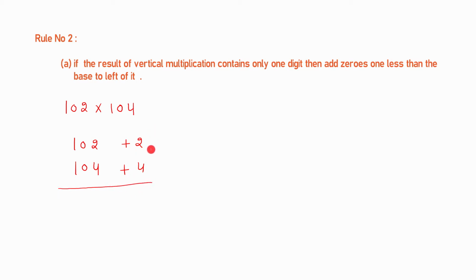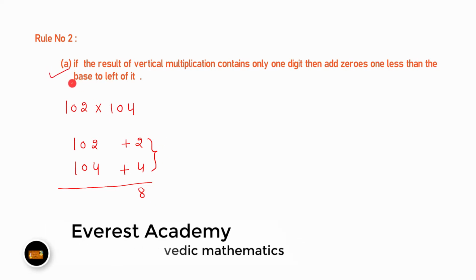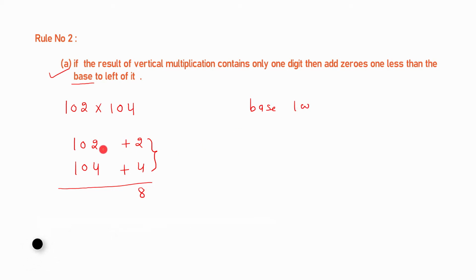So first step is vertical multiplication. 4 into 2, 8, containing only one digit. So we have to apply rule number 2 part A. First we need to know what the base is here. Base is 100, because both numbers are near to 100.